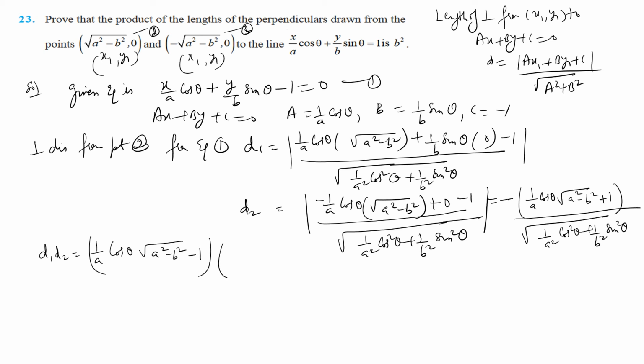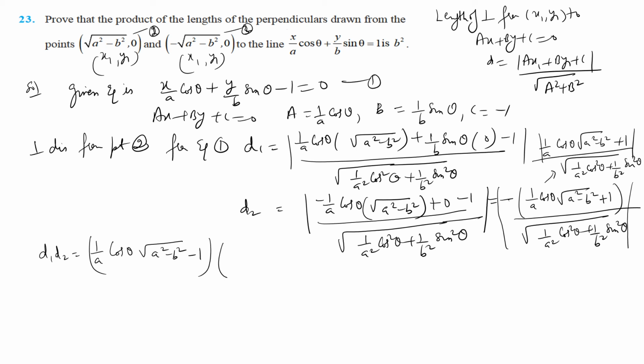When it is taken out of the mod, this negative sign we need not take, because we just take the magnitude, which gives you 1 upon a cos theta root a square minus b square plus 1, upon root of 1 upon a square cos square theta plus 1 upon b square sin square theta.